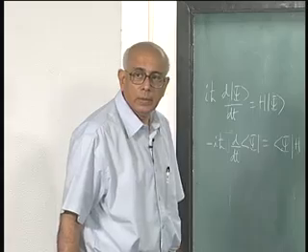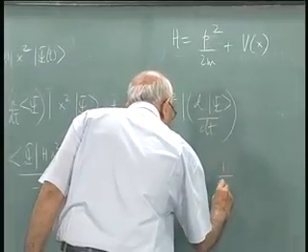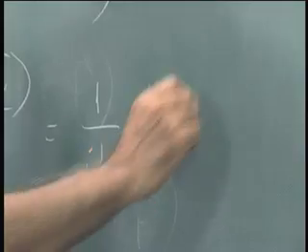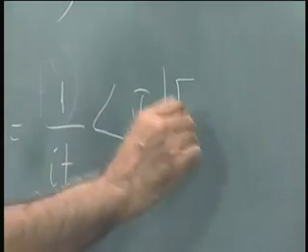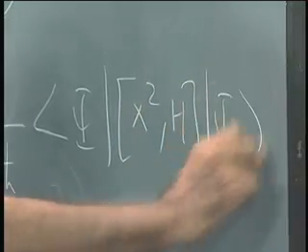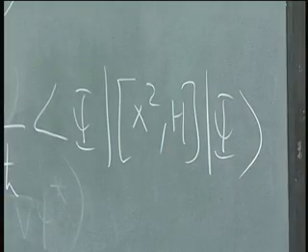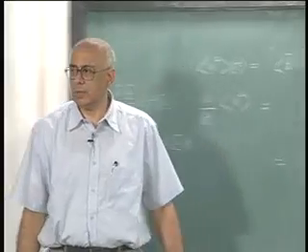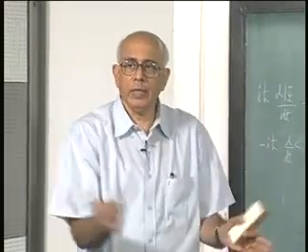Okay. So this is equal to 1 over i h-bar expectation of psi, the commutator of x squared with H, psi, because you got a plus x squared H and minus H x squared, and you have to find the expectation value of this commutator here.